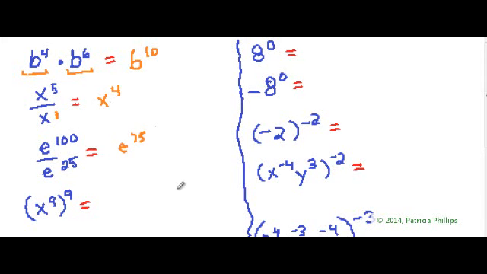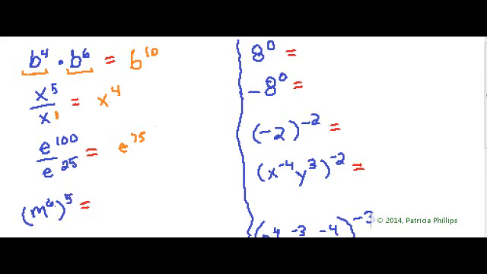Okay, the next problem, actually I'm going to rewrite this and we're going to do a different one. Okay, let's do m to the power of 6 raised to the power of 5.